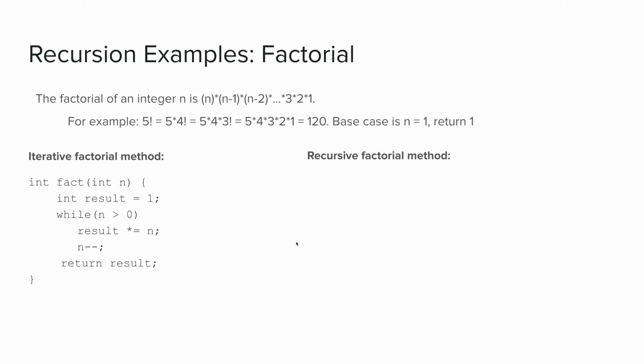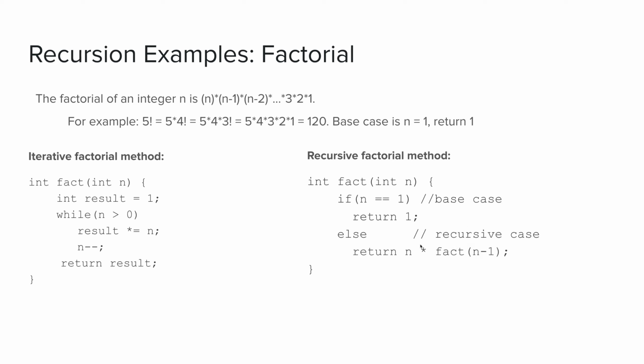To write the same function recursively, again, rule number one, what's our base case? The base case is n equals 1. So if n is 1, return 1. Simple as that. If n is not 1, we can define n factorial as n times fact of n minus 1.